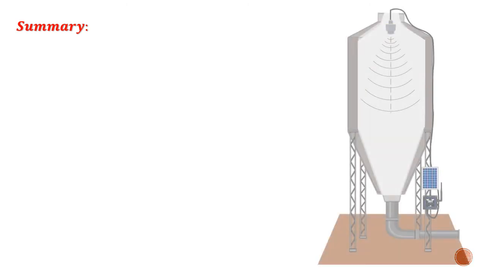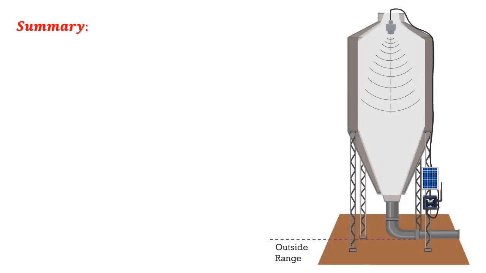So let's do a quick summary or a recap. Sometimes we have some values or an offset that's outside the usable range of whatever it is that we're trying to measure, where there may be a difference between our lower range limit and some other values.